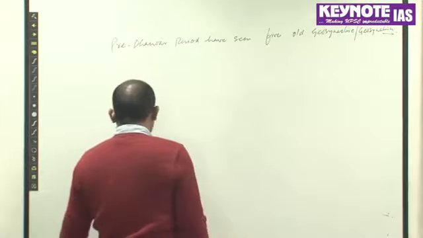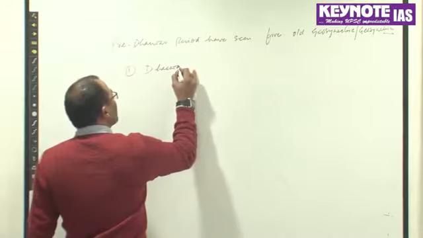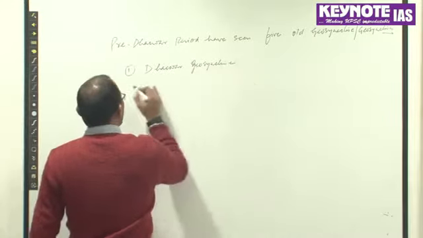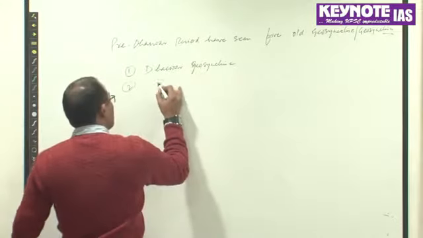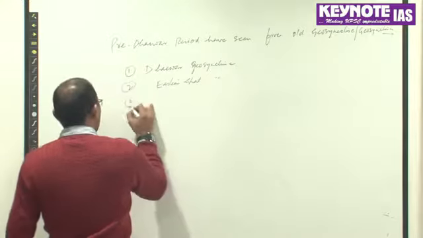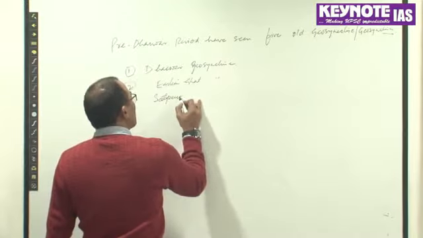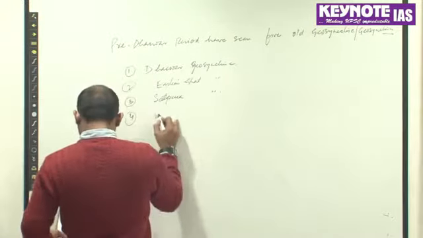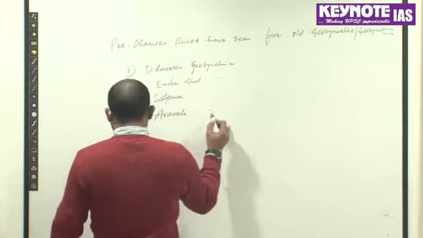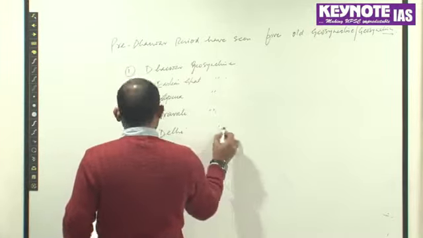Number 1 is the Dharwar geosyncline, the second one is Eastern Ghat geosyncline, third one is Satpura geosyncline, fourth one is Aravali geosyncline, and fifth one is Delhi geosyncline.